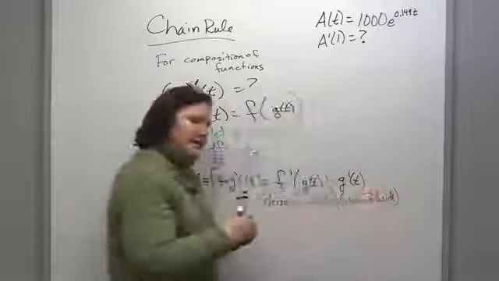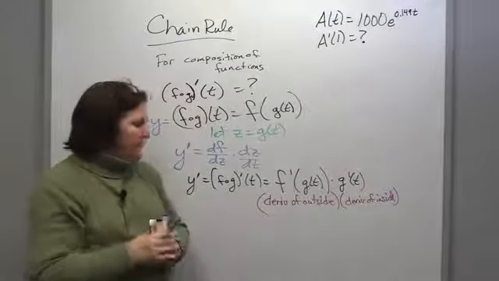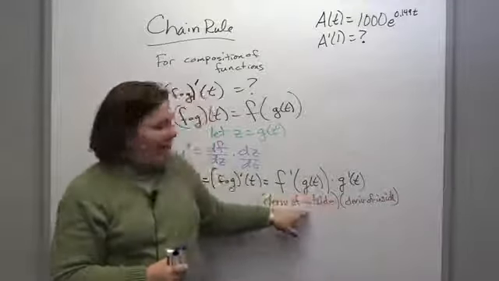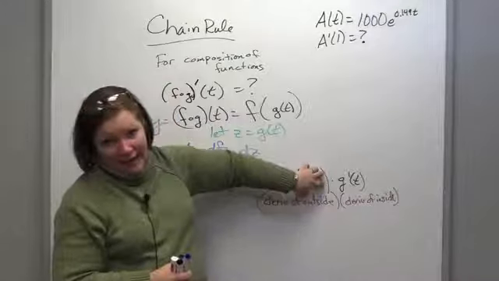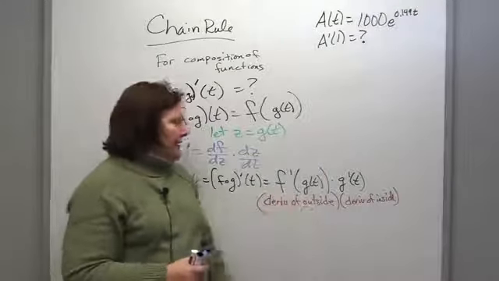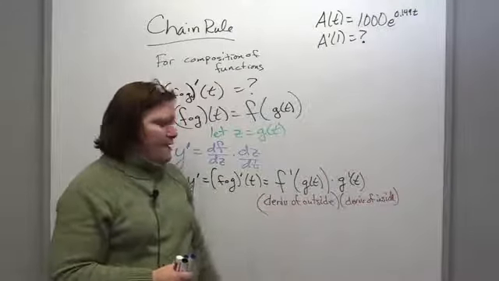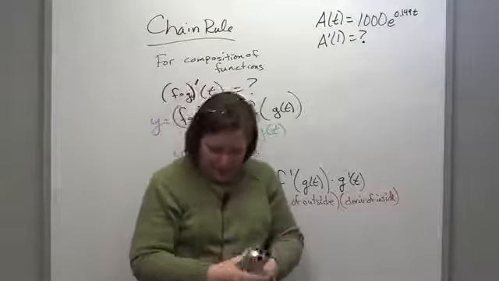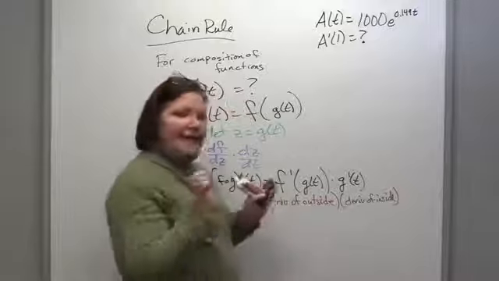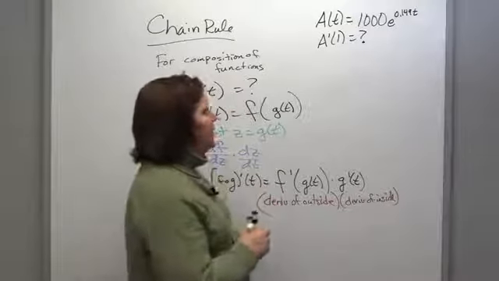That's how I verbalize it inside my head as I'm doing the chain rule. This isn't quite everything. It's more complicated than that. Derivative of the outside evaluated at g of t and things like that. But that's how I verbalize it, how I think of the chain rule. Derivative of the outside times the derivative of the inside. So what we're going to have to do is figure out what is the outside and what is the inside.